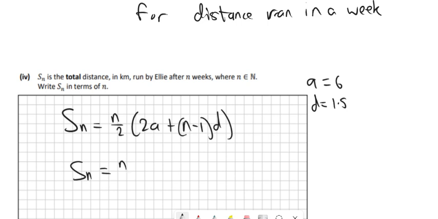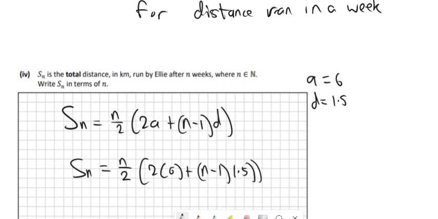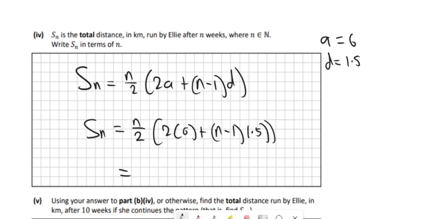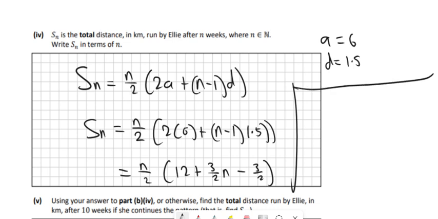S of n is equal to, so we don't have an n, we're just going to leave in n in the equation. Then 2 times 6 plus n minus 1 times 1.5. I could call that 3 over 2, it might be a bit easier to look at when we're dealing with this. We get that, and then we can simplify a bit further.